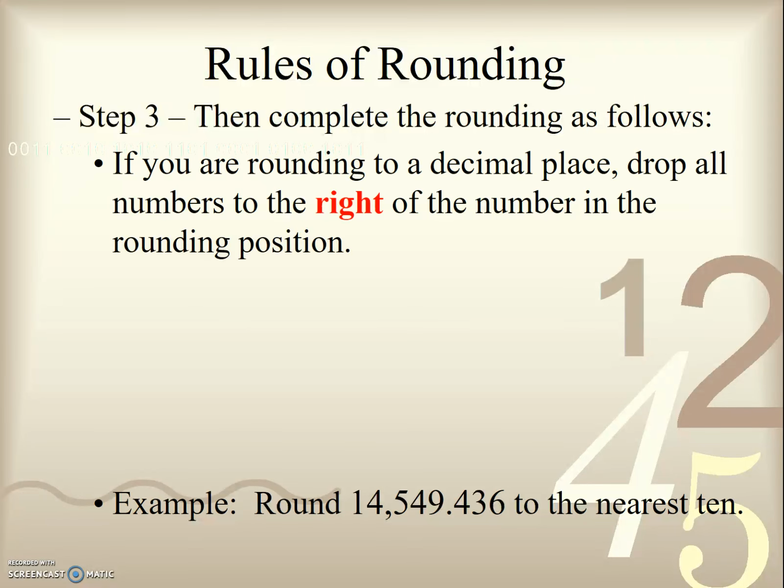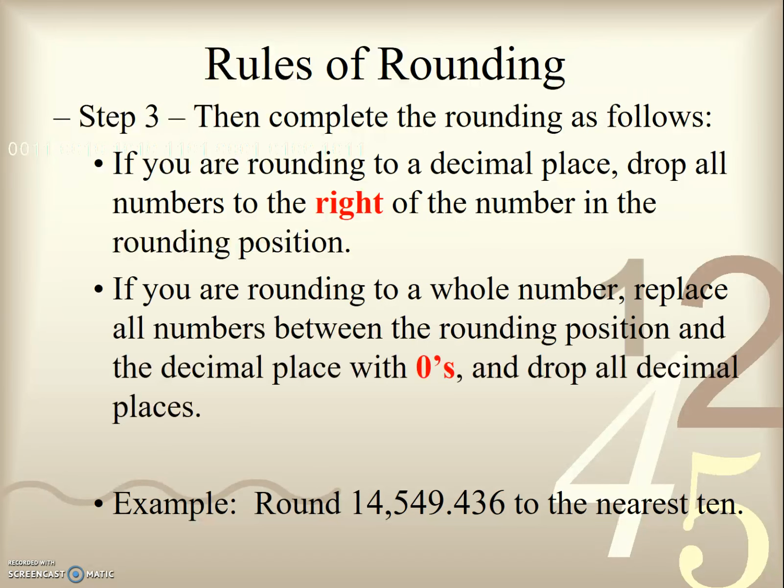Let's take a look and make sure that you filled in the right words in your blanks. For the first blank, you should have filled in right. So if you are rounding to a decimal place, drop all numbers to the right of the number in the rounding position. The second blank should say zeros. You could have spelled it out there if you wanted to. If you are rounding to a whole number, replace all numbers between the rounding position and the decimal place with a 0 and drop all decimal places.